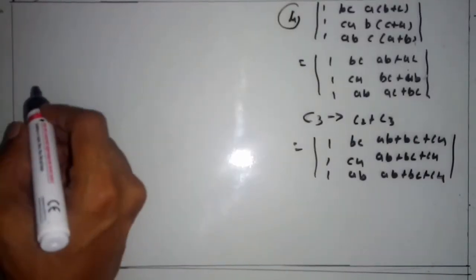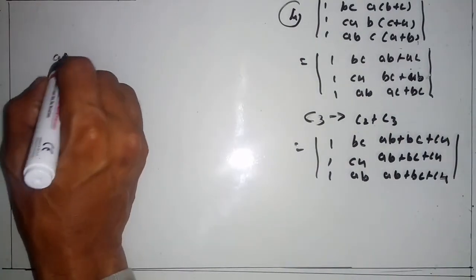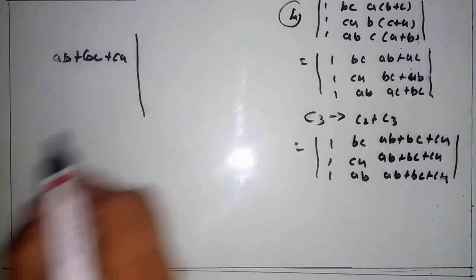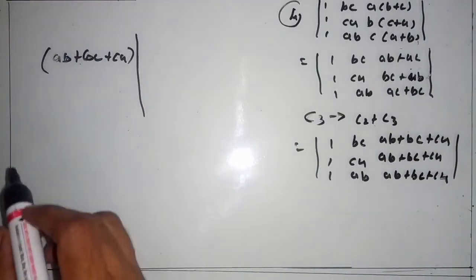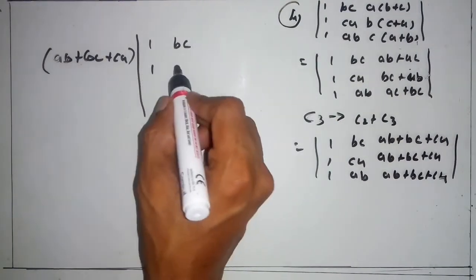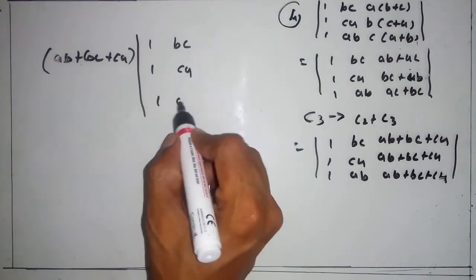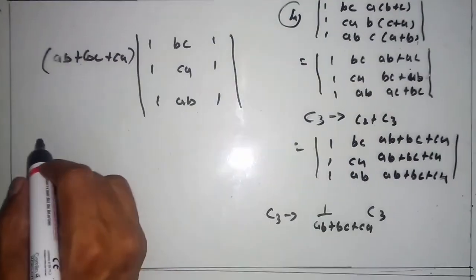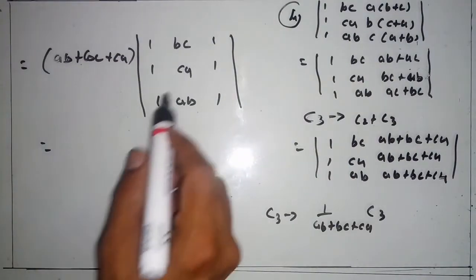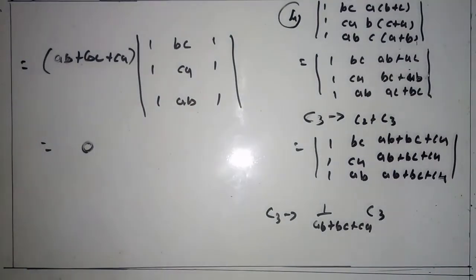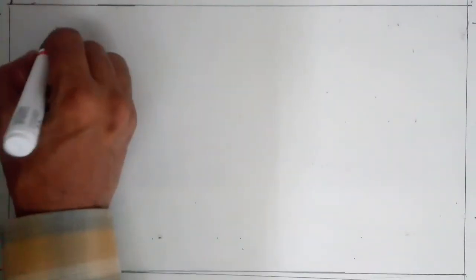So here we get AB plus BC plus CA into the determinant 1 BC, 1 CA, 1 AB, 1 1 1. So this term becomes 0. So 0 into this number becomes 0. Clear? Hence proved. Now question number 5.